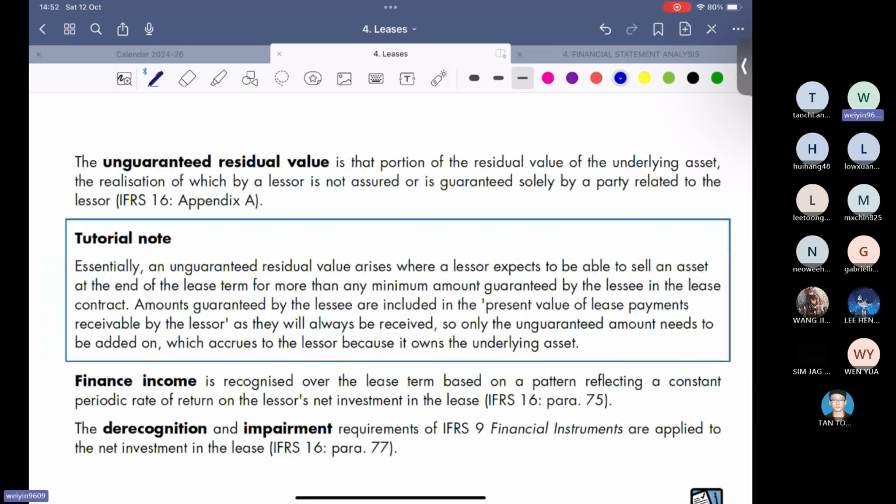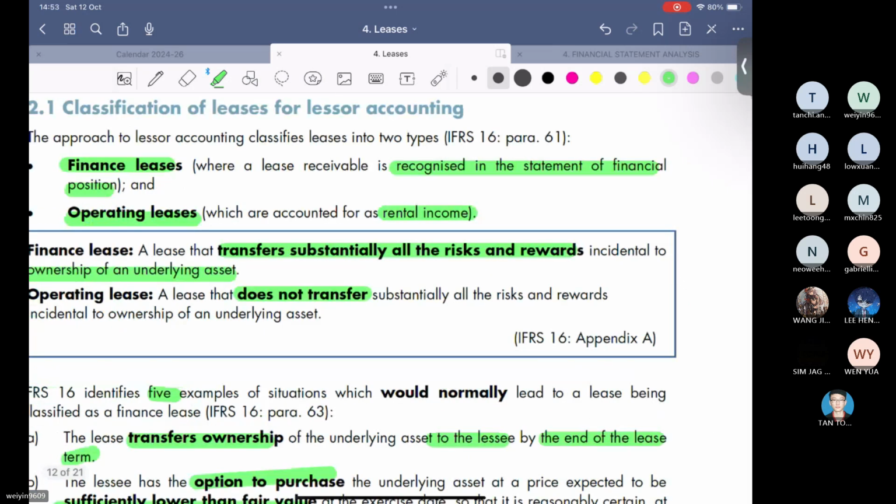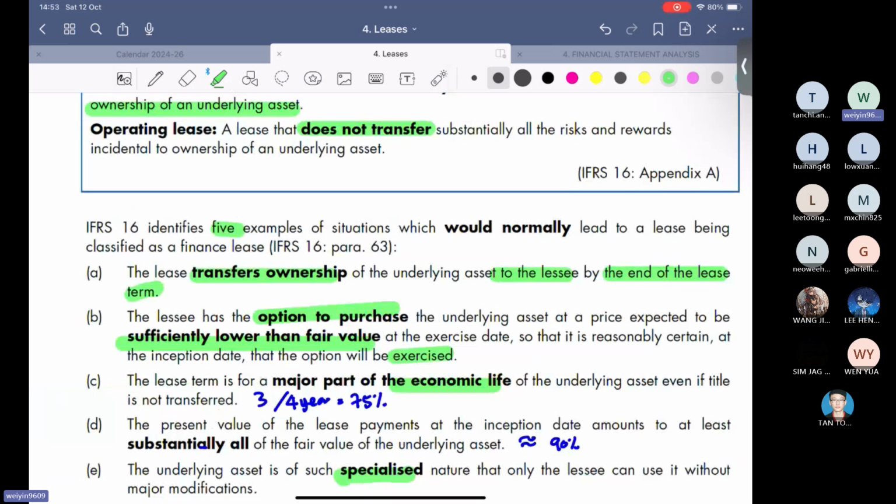Next one, new words. What do you mean by unguaranteed residual value? Unguaranteed residual value is a portion of the residual value of the underlying asset, the realization of which by the lessor is not assured or is guaranteed solely by a third party to the lessor. That means just now, remember that when you recognize a finance lease, the lessee has the right to purchase at a price sufficiently lower than the fair value.